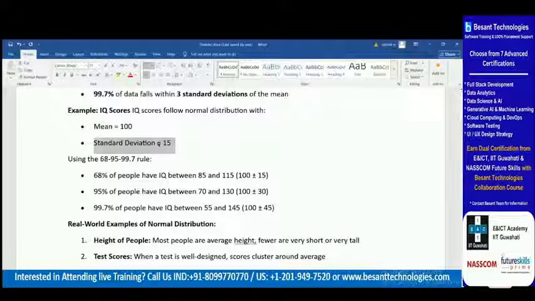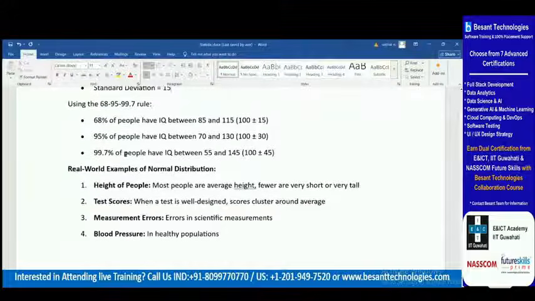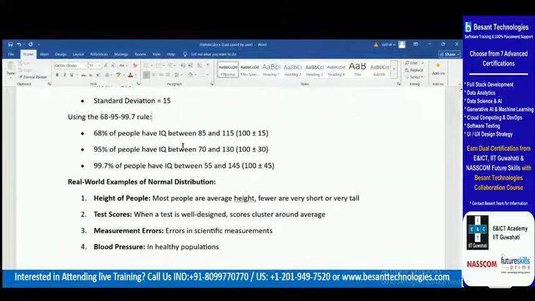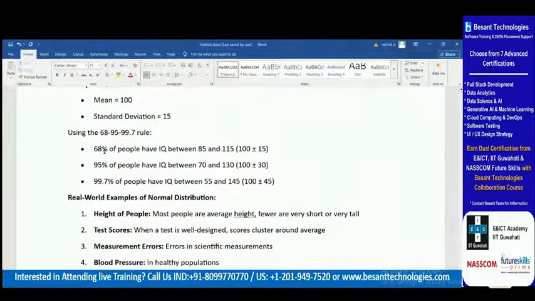Now I'm going to apply the empirical rule. 68% of people have IQ between 85 and 115, and 95% of people will have IQ between 70 and 130. This is just a data set I'm taking. And 99.7% of people will have IQ between 55 and 145.